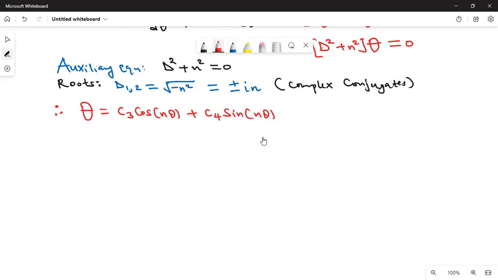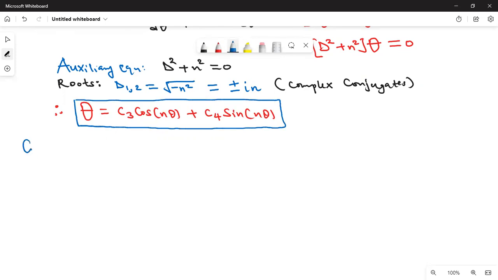Now we know the two solutions, so we can now get the general solution of the given PDE. So our general solution of the PDE will now be written as u of r theta. But I told you n is a natural number. There are so many of those n's. So it means we'll have so many of these solutions corresponding to the n's.